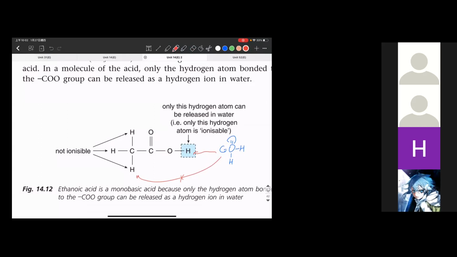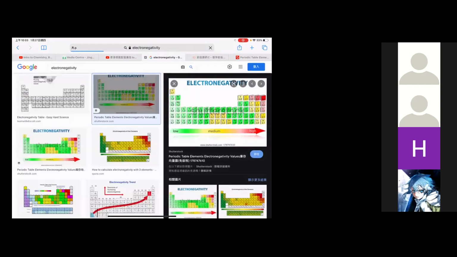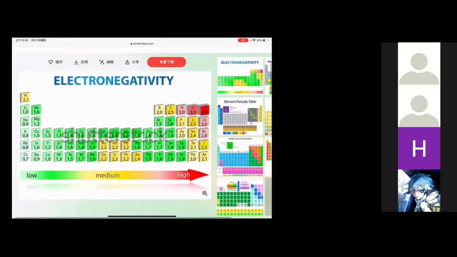It is a measure of how attractive those atoms are, when in a covalent bond, at pulling the bonding electrons towards themselves, right? You may see this diagram, this trend. The number will tell you how slightly negative it is in a single covalent bond.